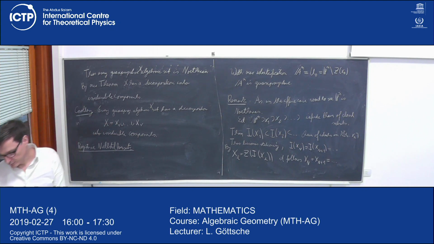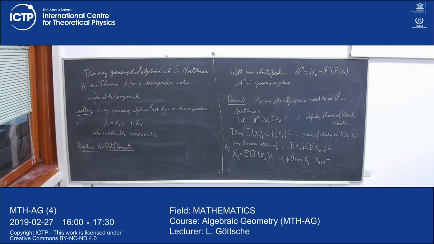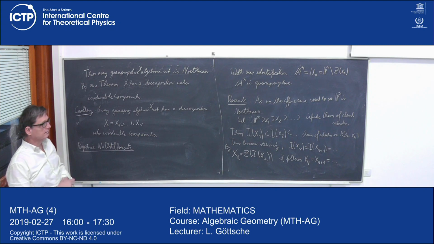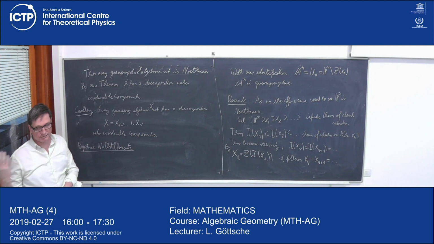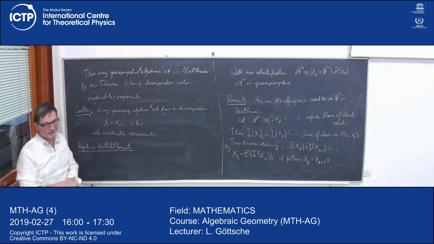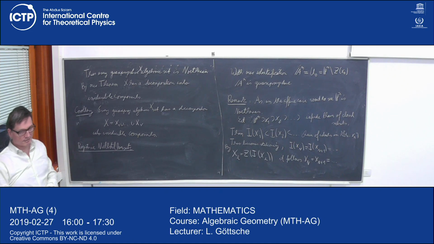And so, therefore, we will have to find a way to relate a projective algebraic set in projective space to an affine algebraic set in affine space, so that somehow the statements of the Nullstellensatz in both cases become more or less equivalent. And this we do by looking at cones.